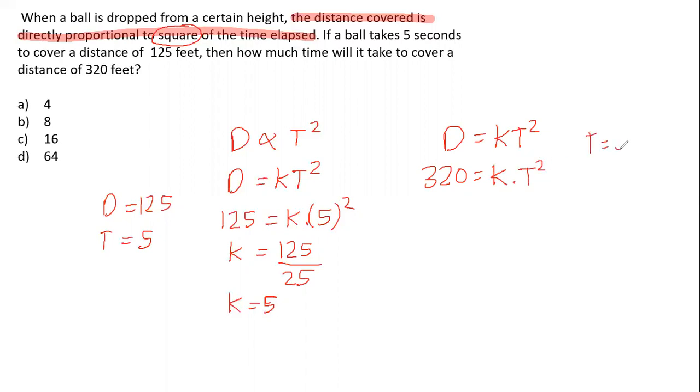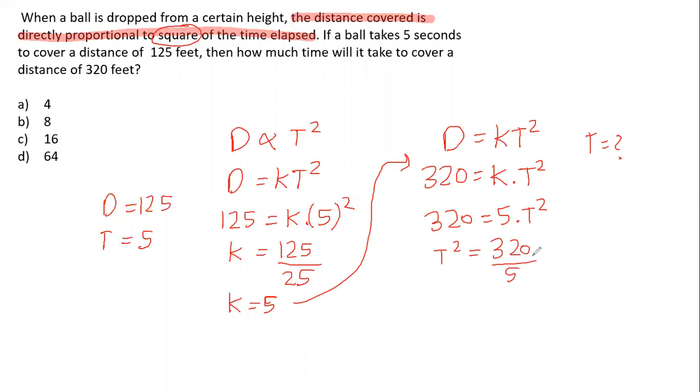So this t I need to figure out. I've already figured out the value of k, so I can replace the value of k here. The equation will be 320 is equal to 5 t square. And from here, I'll get the value of t square, which is 320 over 5. That's 64. And t will come out to be under root 64, which is 8.